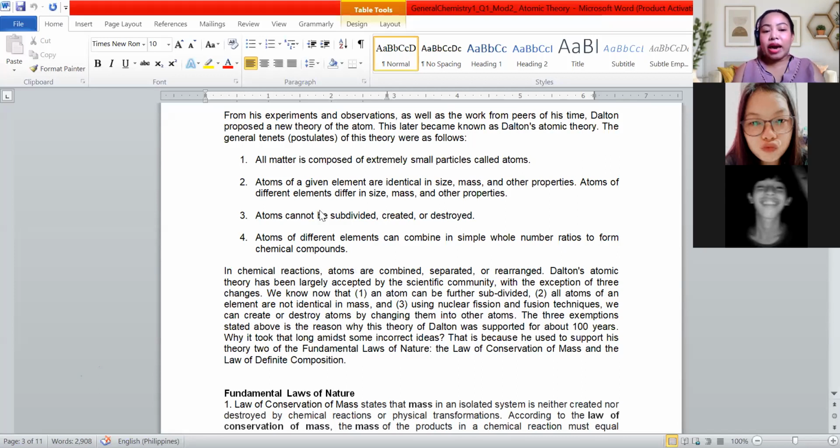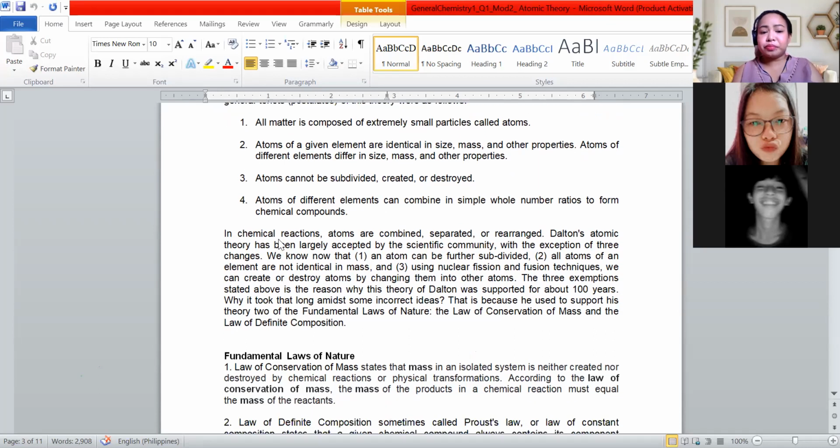Because again, going back to his third postulate, atoms cannot be divided or subdivided, nor destroyed. So it should be a whole atom combined with another whole atom. So in chemical reactions, atoms are combined, separated, or just rearranged. So that is a chemical reaction or chemical change.